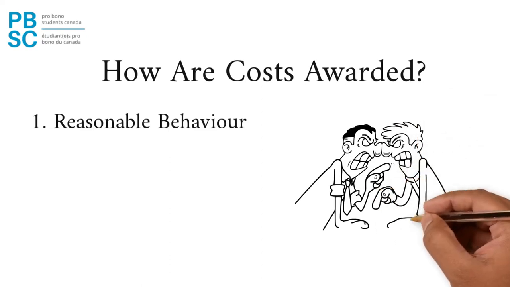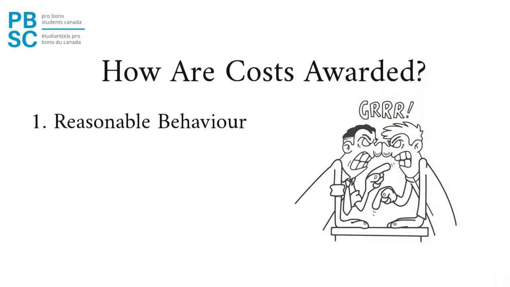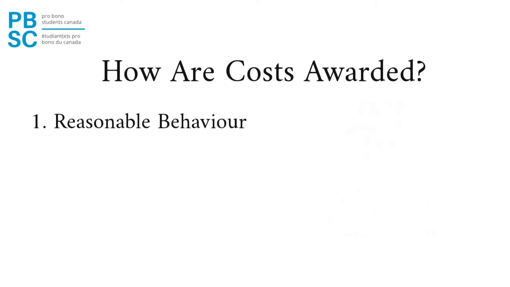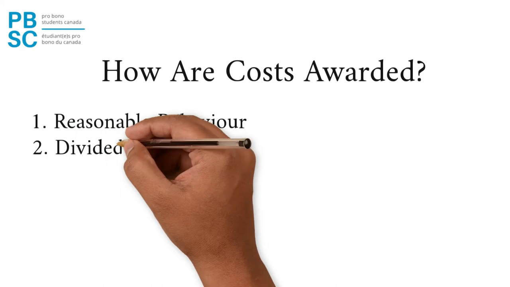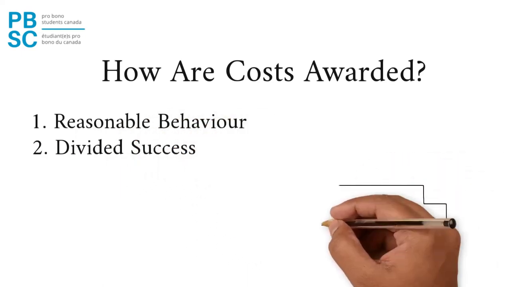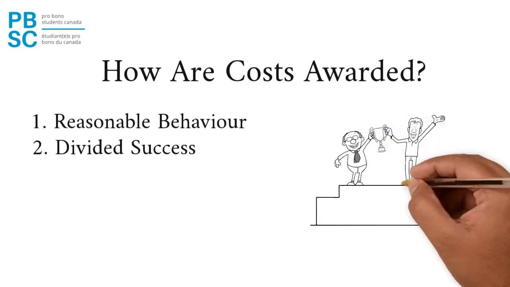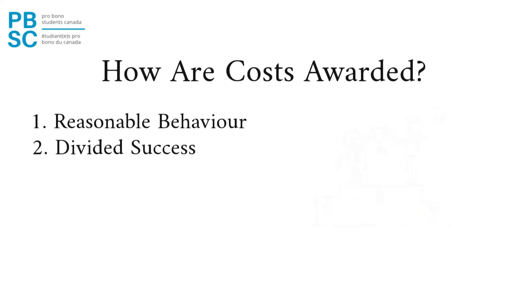A court considers a party's behavior, any offers to settle made, and any withdrawn or refused offers to settle when determining reasonableness. If there is divided success between the parties, the courts may divide costs between the parties, order no costs, or award costs to the party who was most successful overall.